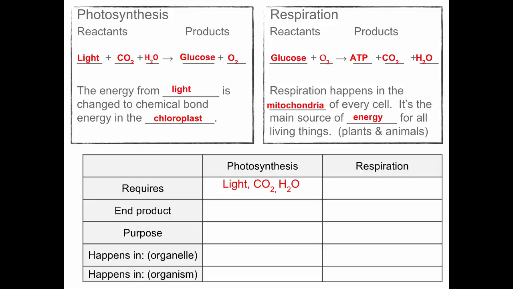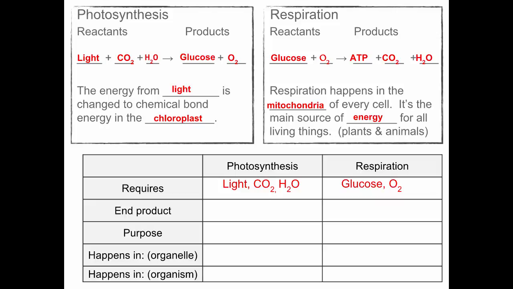No, what are the raw materials? What's needed as a reactant in respiration? Sort of the fuel for it. Stephanie? Glucose and O2. Yeah, the things that go into respiration are the things on the left side, so glucose and oxygen.